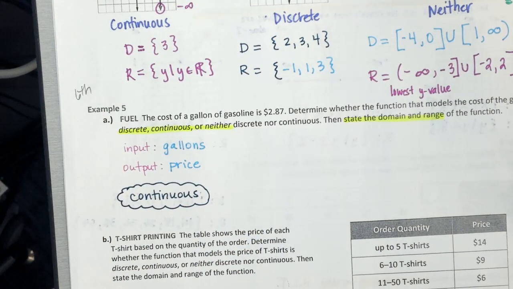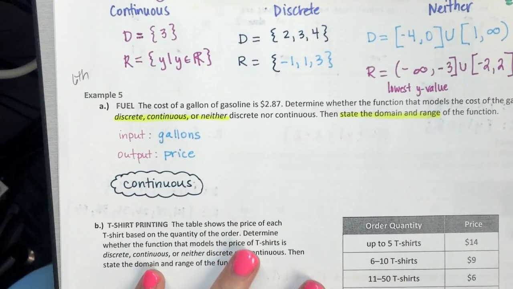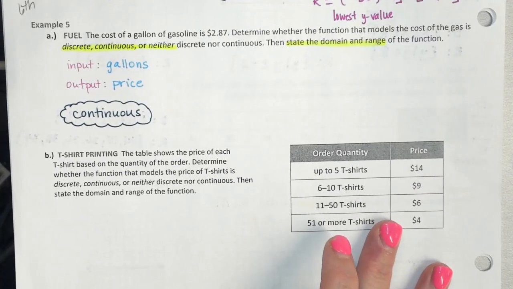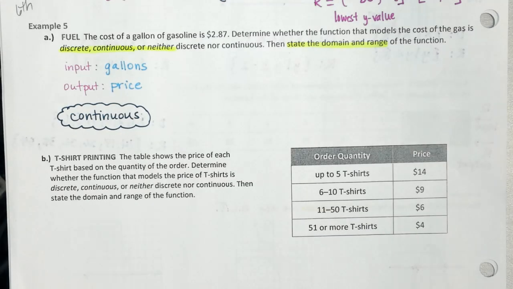Because there are not set values. You can have whole numbers, you can have decimals. But let's think about what type of numbers we can have for this. When you are in the gas station, what's the lowest amount you can have? 0, right? You could pull in and buy nothing. It would be pointless, but you could do it.